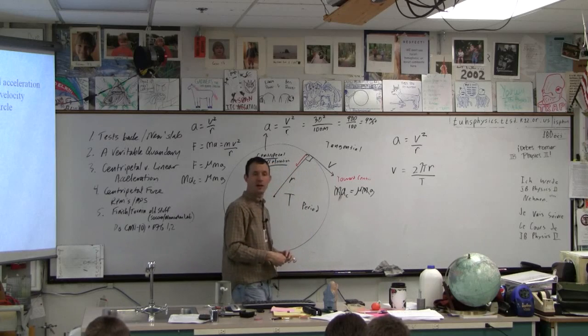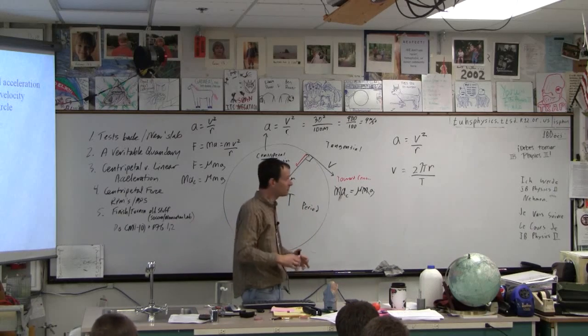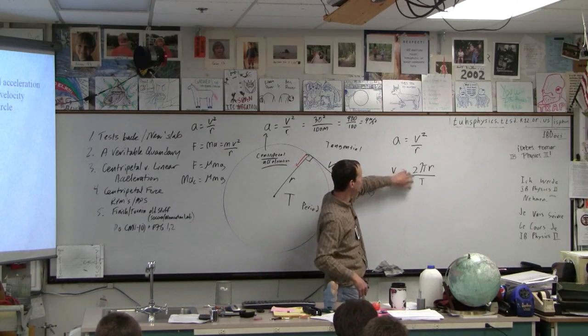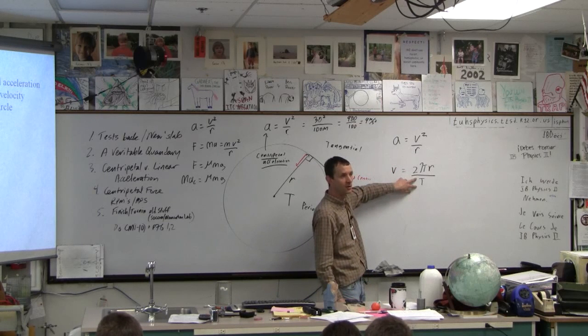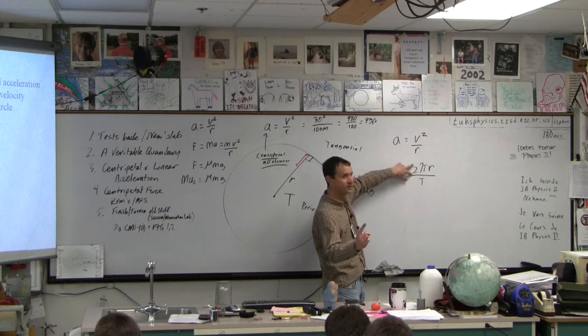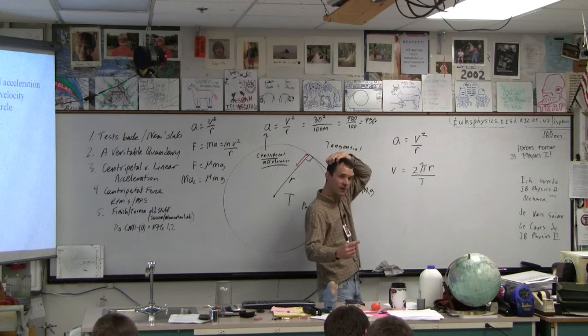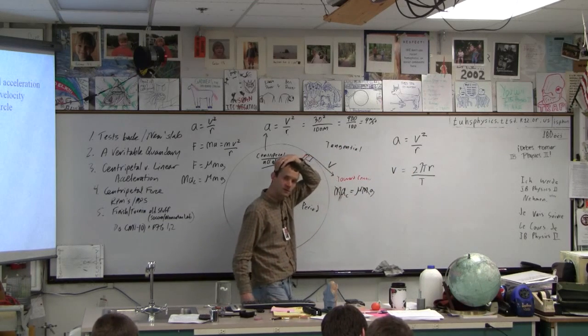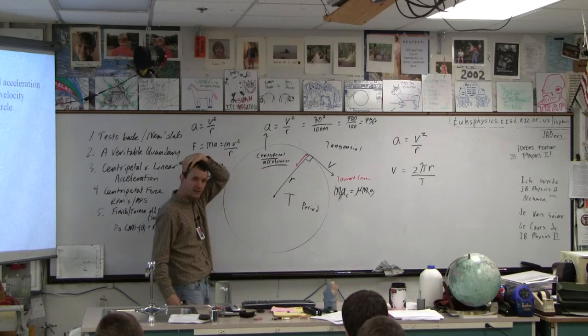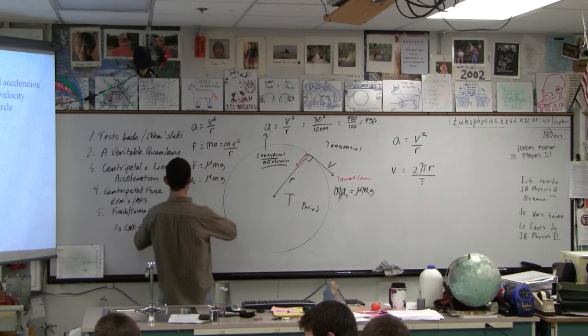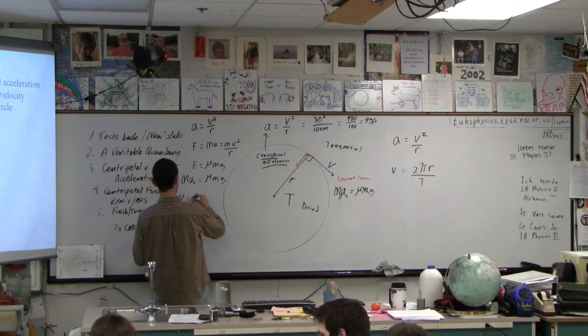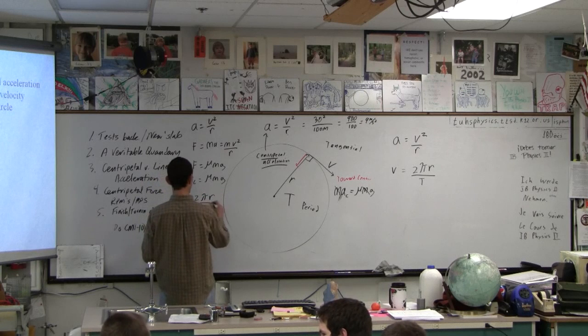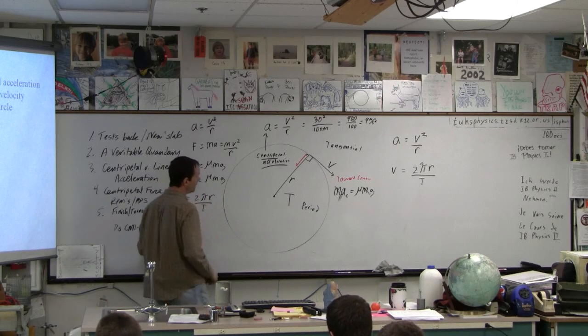If you're going at a constant speed in a circle, the tangential velocity is how far you've gone divided by how long it takes to go that distance. So in one period, you've gone one circumference, and the circumference is 2 pi r. That's in your toolbox: velocity is 2 pi r over T. This is going to be useful.